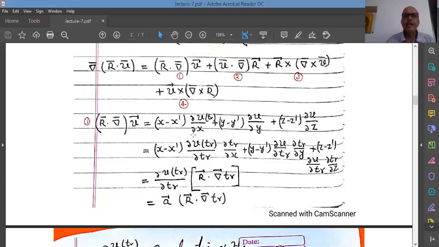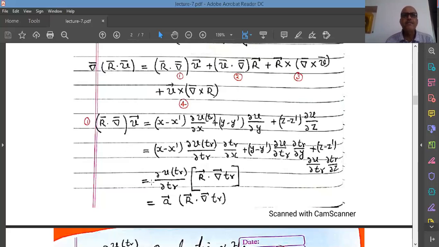After doing this, you take out del v over del t_r common. What is del v over del t_r? It is the rate of change of the retarded velocity as a function of retarded time, so we will write it as the acceleration. This is also the retarded acceleration. Whatever is left inside the bracket, (x minus x dash) del t_r over del x plus (y minus y dash) del t_r over del y plus (z minus z dash) del t_r over del z, can be clubbed together, and we can write it as R dot gradient of t_r.